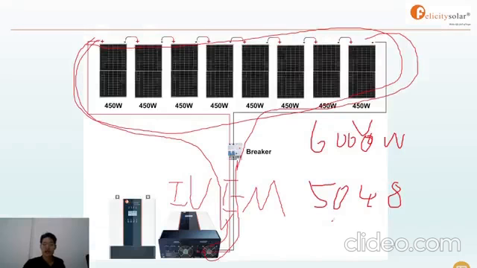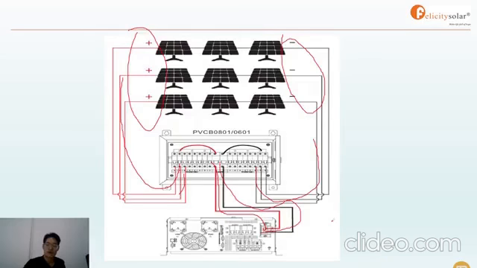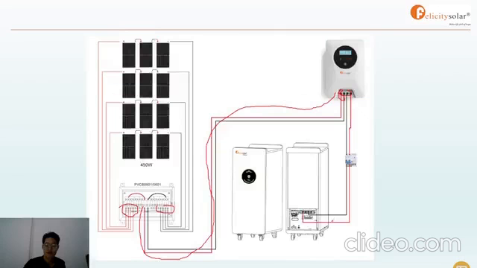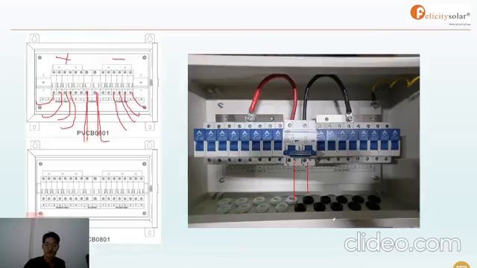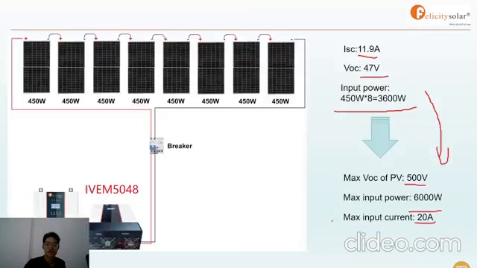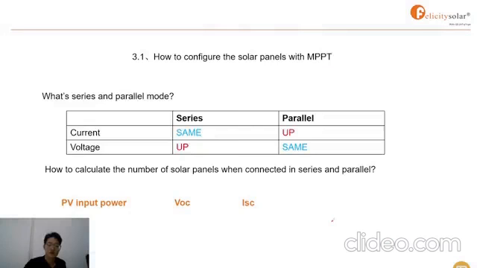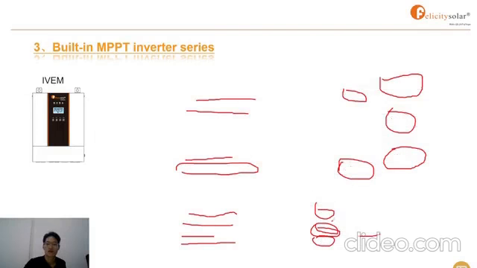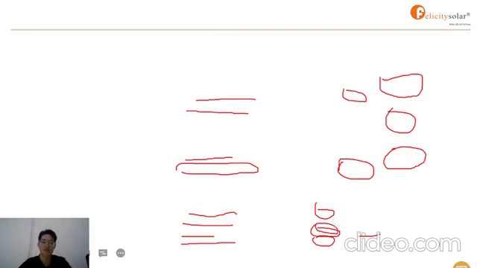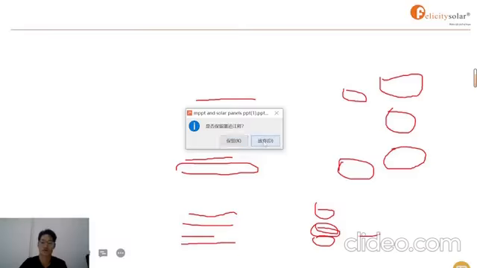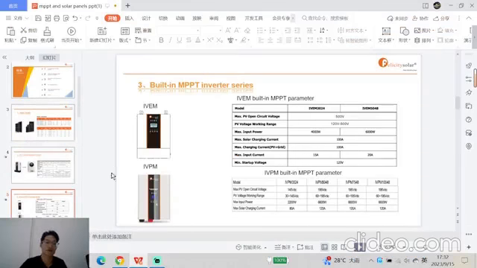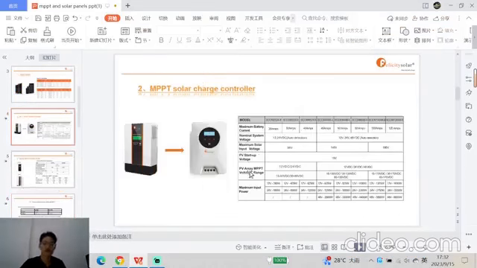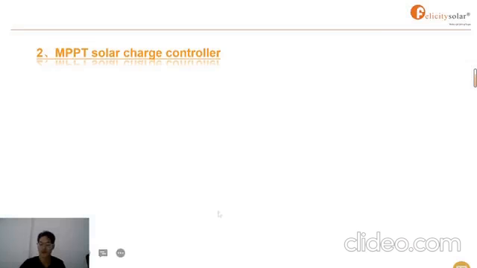So in our inverter MPPT solar controller, we have the positive and negative signs. See that? You can see from the picture.